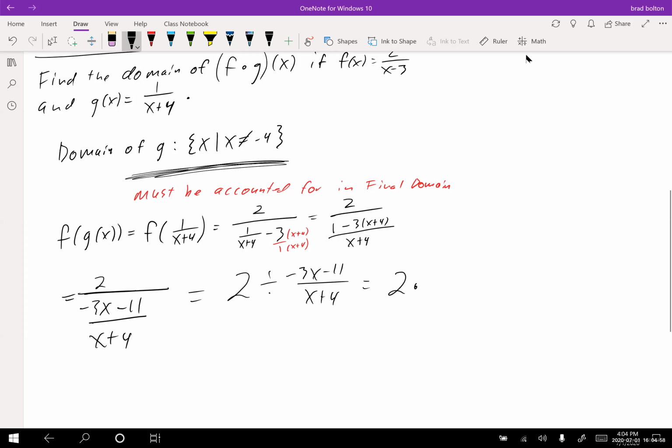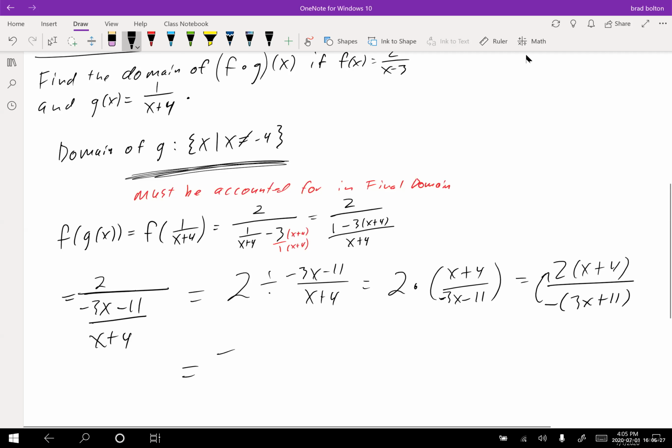But that becomes 2 times the reciprocal, right, which would be x plus 4 over negative 3x minus 11. So now this becomes 2 times x plus 4 all over, oops, I forgot the negative there, sorry about that. I'll factor the negative out, throw it on top. So now we even have a cleaner version, negative 2 times x plus 4, all over 3x plus 11.